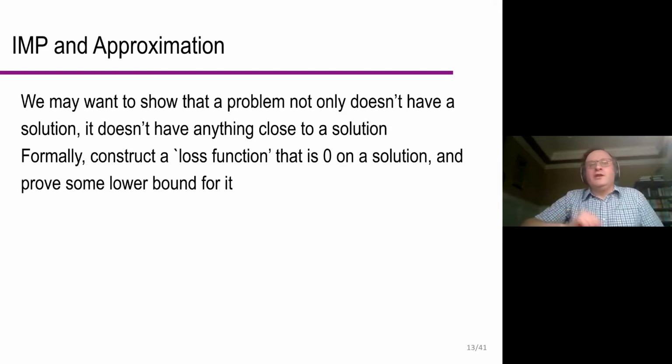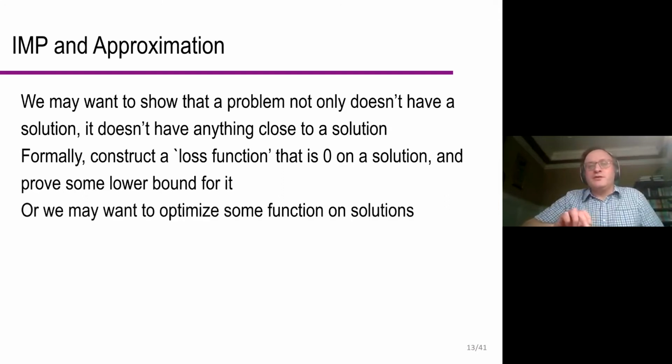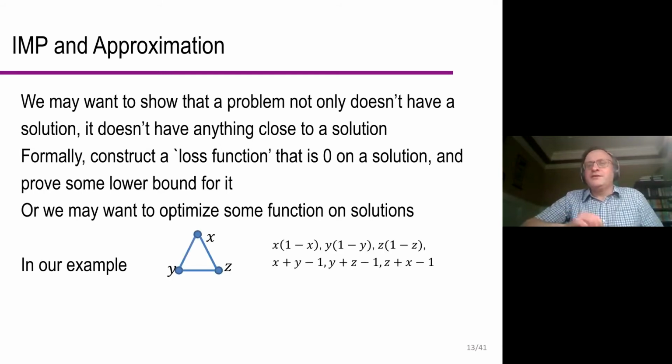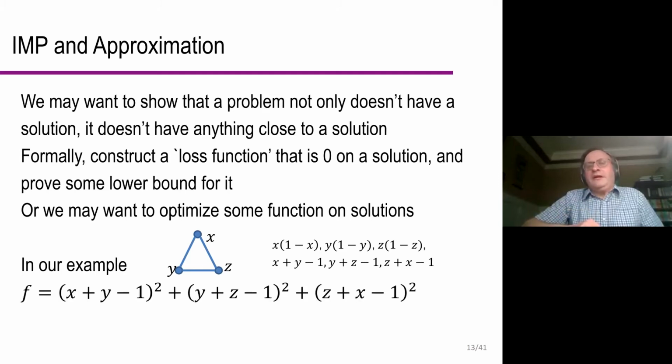Okay? So in our simple example, for instance, we can start with our graph again. These are our polynomials. And what I want to say is that there is no solution of this instance on 0, 1. I would represent it somehow like this: let my loss function be this thing, the sum of squares.